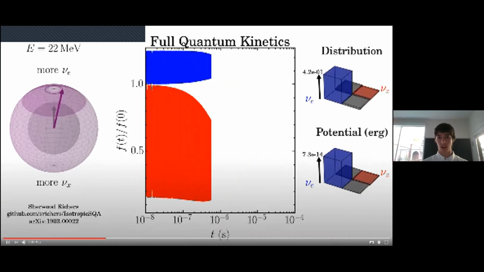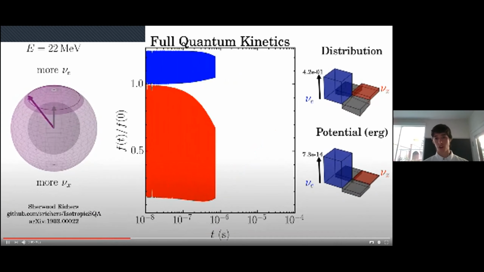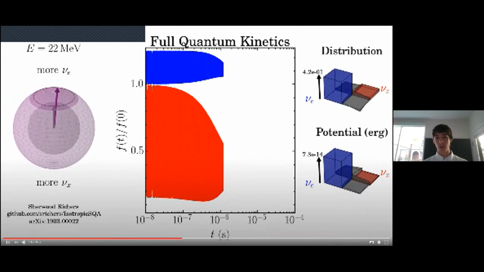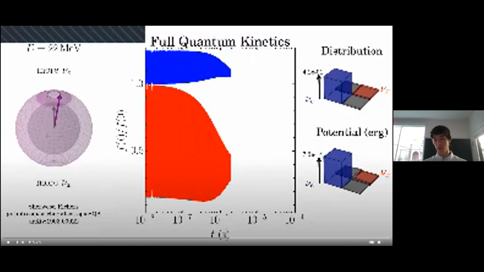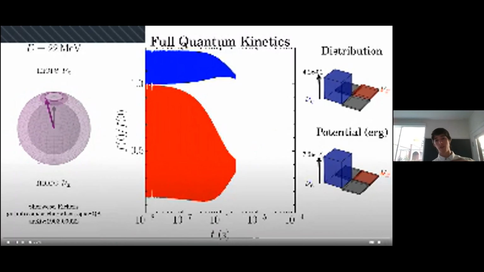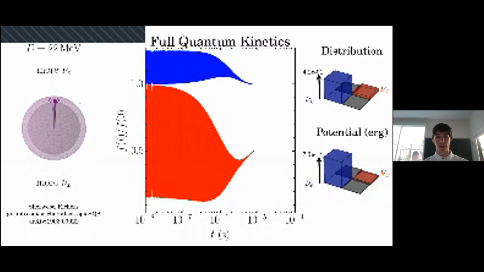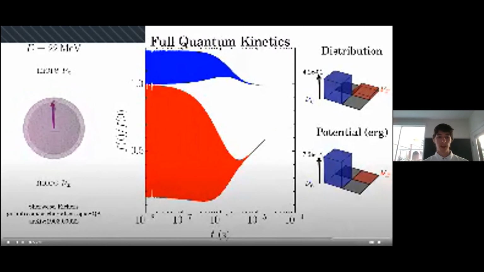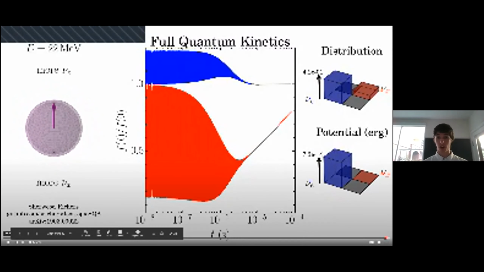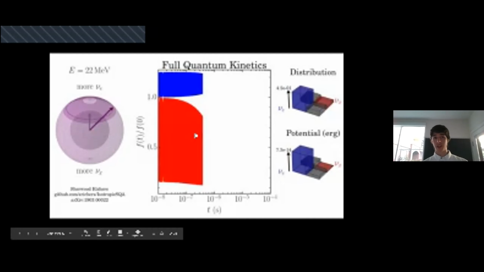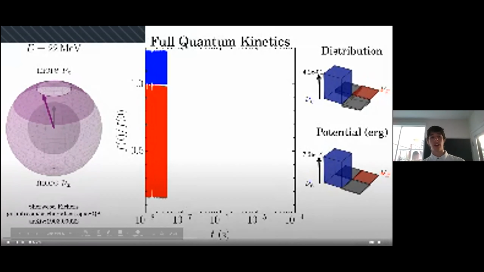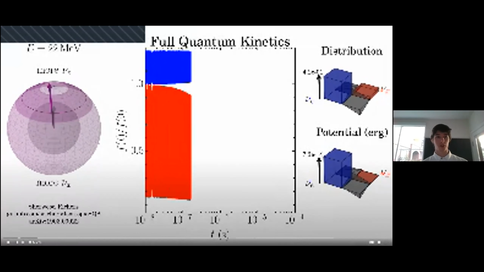And on top of that, since collisions are occurring at the same time, over a period of many, many oscillations, the collisions change the way these oscillations are happening. They change the amplitude of the oscillations, and they tend to drive the distribution back to this flavor eigenstate denoted by a 1 here. And if you're more comfortable with looking at quantum states for electron spin, it's actually entirely analogous, where you have a Bloch sphere.